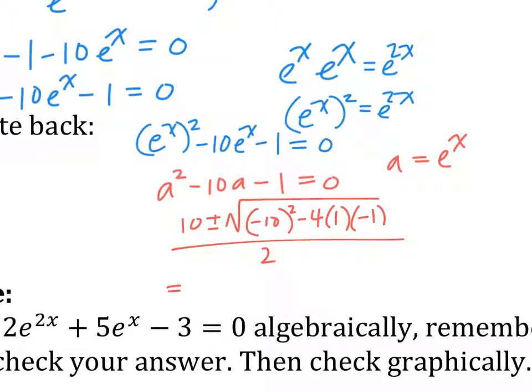Oh, 11.1? No. 10 point what? Okay, let's not round so much, because once you start rounding, you're going to get the answer farther and farther from where it should be. So 10.099. You want to keep at least 3 digits. The more, the better. What's the other number? Negative 0.099. Yes.